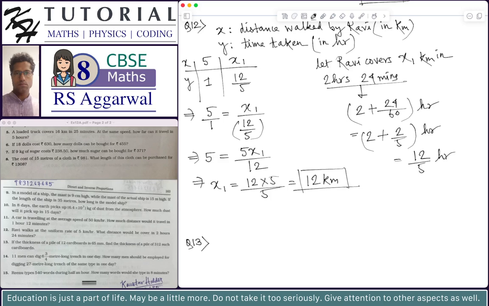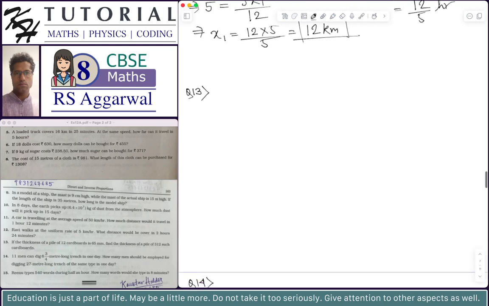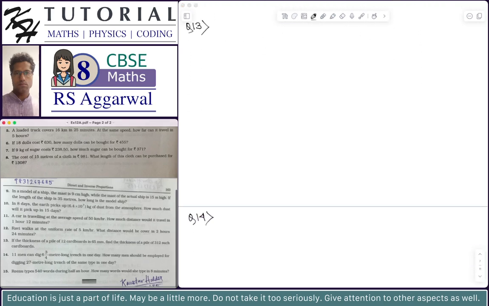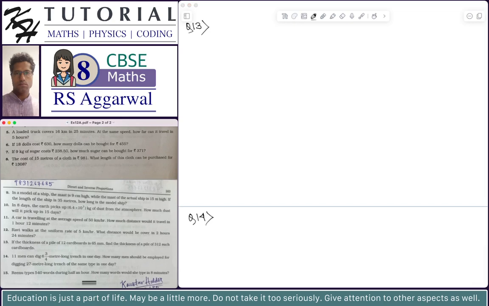Okay, let's do problem number 13. If the thickness of a pile of 12 cardboards is 65 millimeter, find the thickness of a pile of 312 such cardboards. Now the concept here is the thickness of each cardboard is the same.